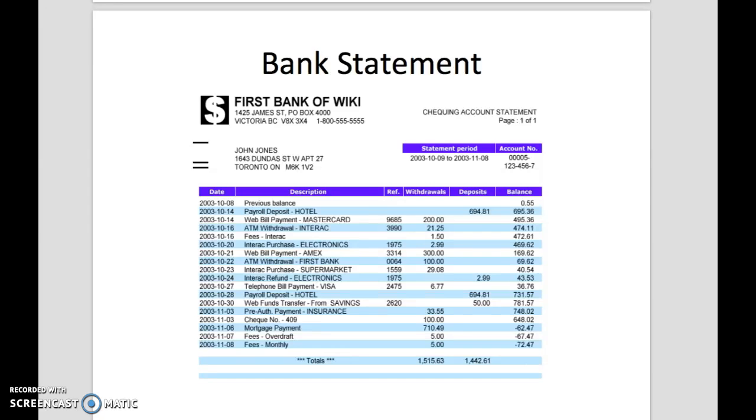And what the bank will do is print out the summary of your transactions every month and mail it to your house. So during that time period, there could be a difference in the record of the bank versus your own record of your transactions.